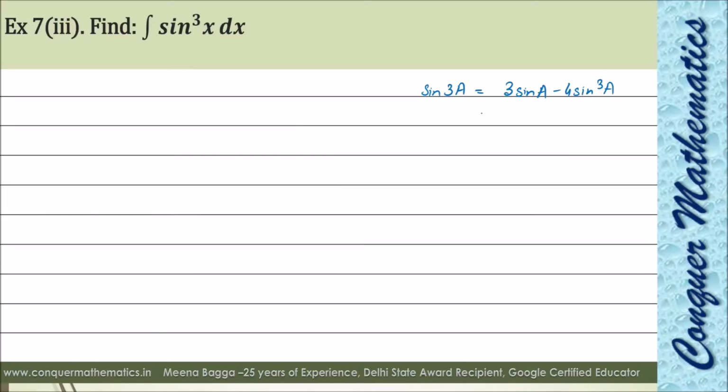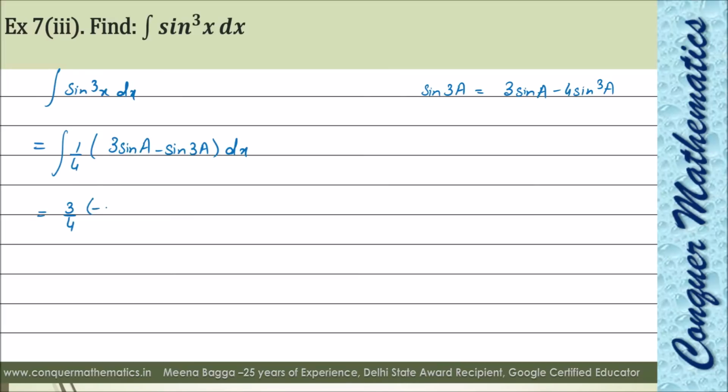That means sine cube x will be 1 by 4 times 3 sine a minus sine 3a. This will be this, and you can easily find the integral of this, sine a and sine 3a. You can easily find. Yes, this would be 3 by 4. Let us just find directly now.